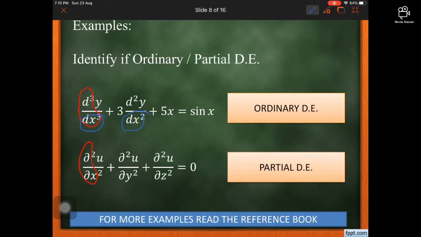While in the partial derivative, as you can see, you have three independent variables, namely x, y, and z. So that is the difference between the ordinary and the partial derivative. For more examples, again, you can read the reference I will be giving at the end of this discussion.